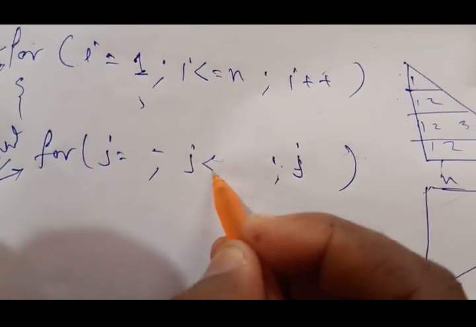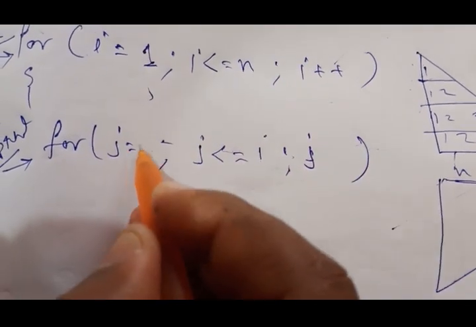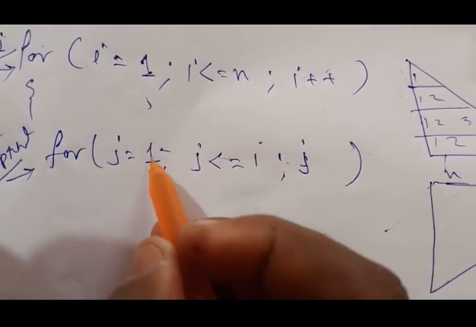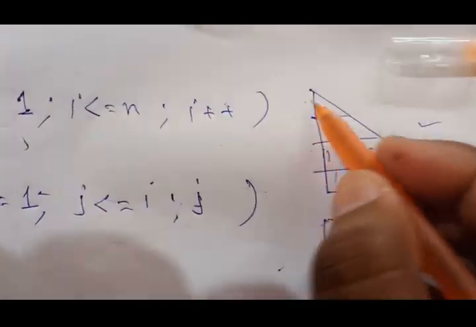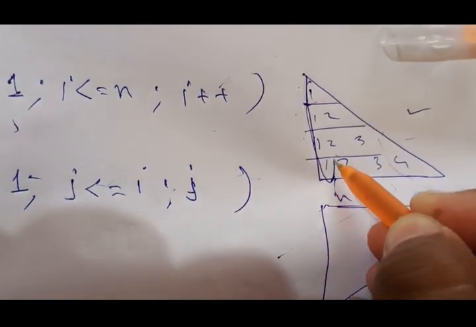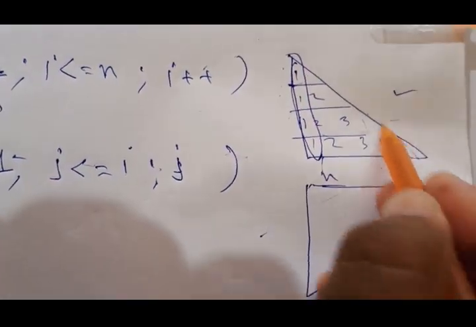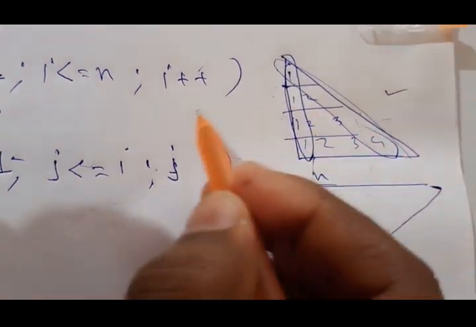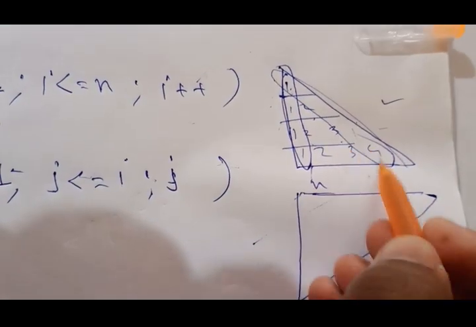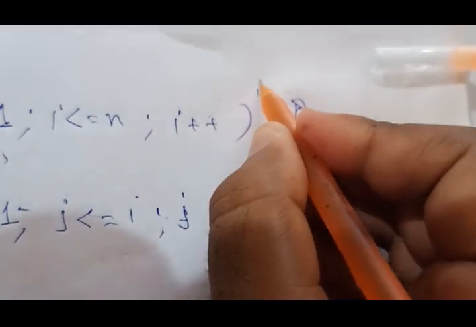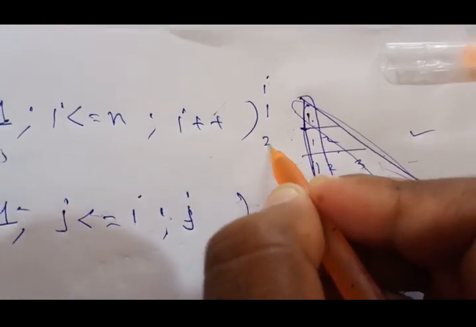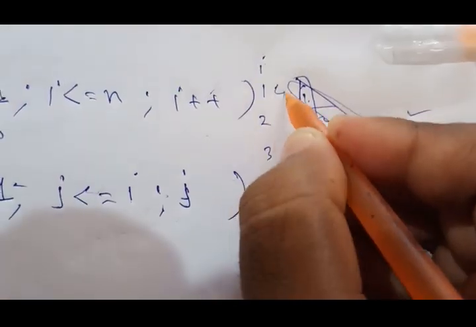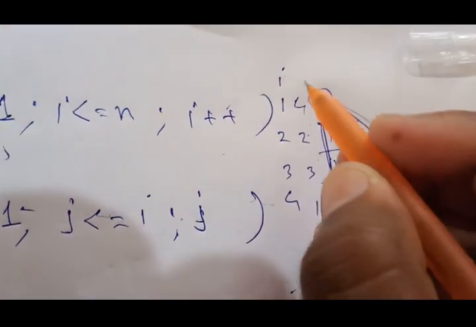So j less than or equal to i, then j is 1. One more thing: the starting point and the ending point. For the ending points 1 2 3 4, you always write i, either 1 2 3 4 or 4 2 3 1.